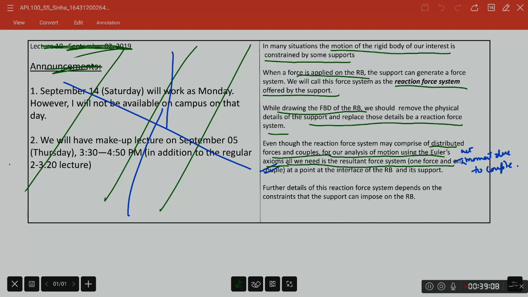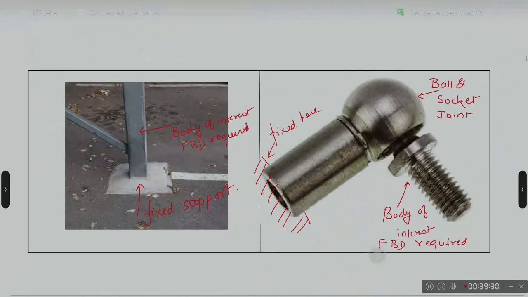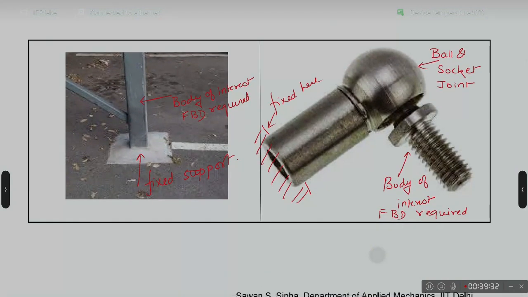Okay, there are several points I made. Now these points will become clear when I show you this figure. Not a very high resolution figure, but I hope you can still make it out. We don't need very high resolution here. What I am showing you here is a steel pole, maybe a lamp post, or maybe an electricity transmission tower.